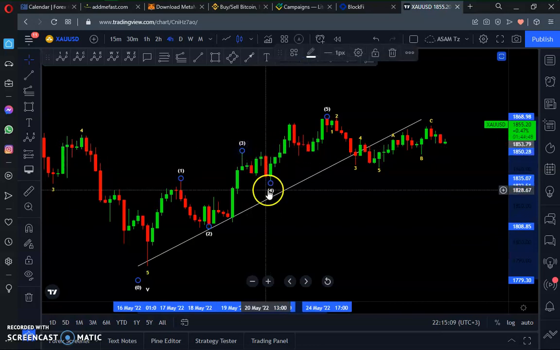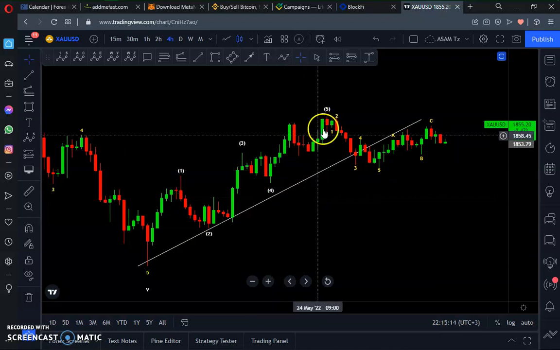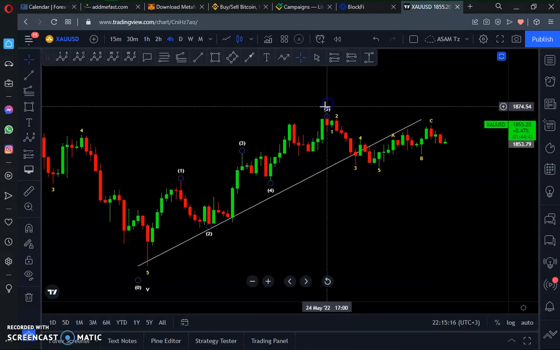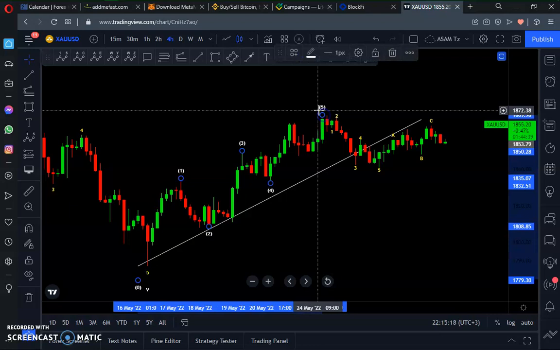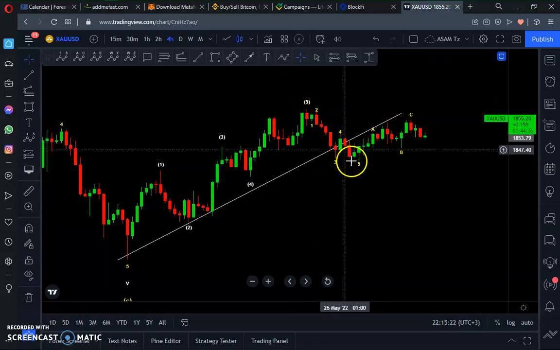This move to the downside is now the fourth, and then the final move to the upside was completed there, and price has now turned, starting the 1 2 3 4 5 to the downside.